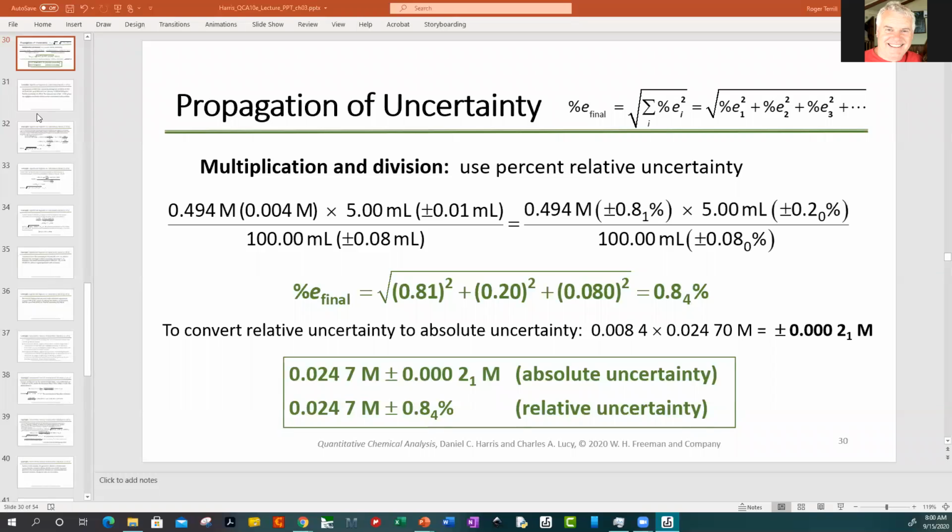So, when we left off last time, we were talking about the propagation of random uncertainty. And let us see here. So, in that case, let's see.